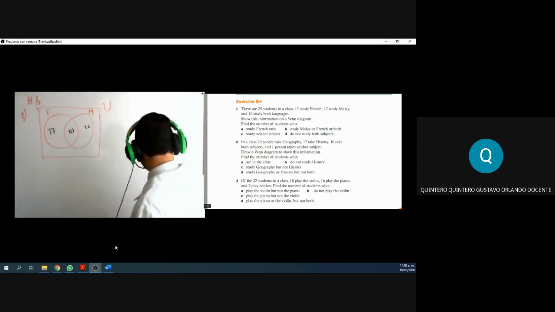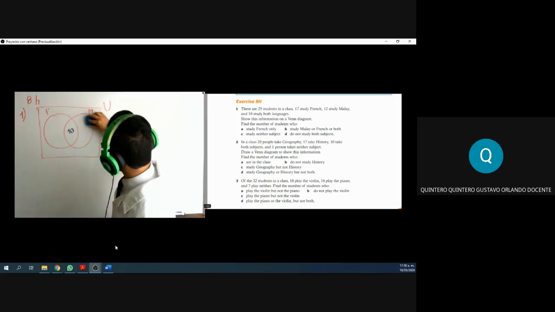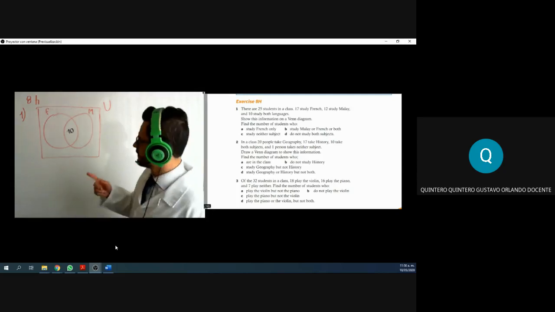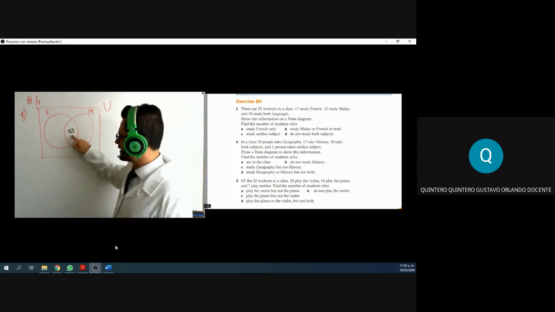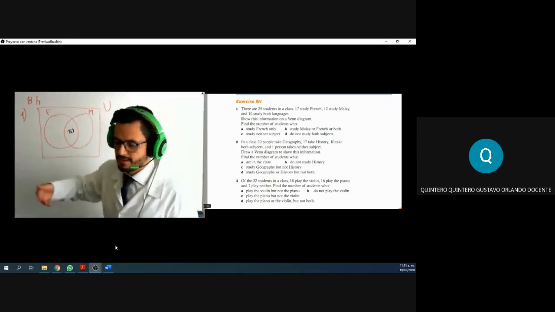Absolutely simple. Instead of writing 17 outside, we're going to make our calculations so that the diagram represents the information accurately. We know 17 people are studying French, but we already have 10 of those here. 10 people are studying French and Malay. So out of those 17 who study French, 10 also study Malay.